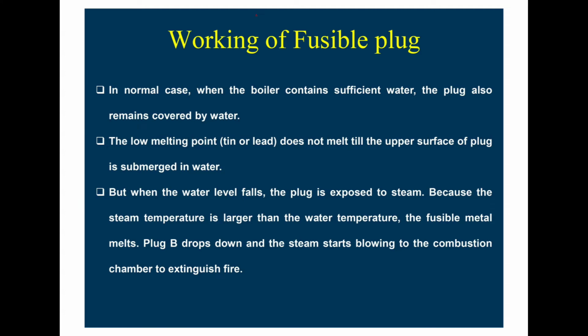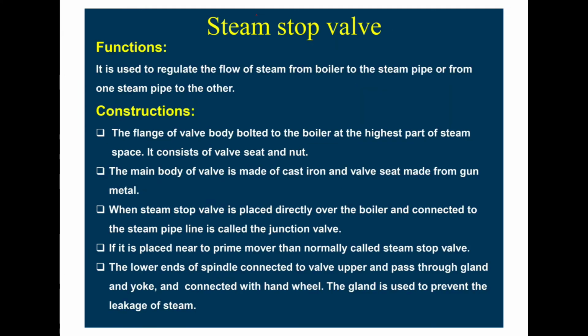But when the water level falls, the block is exposed to steam, because the steam temperature is higher than the water temperature. The fusible metal melts, block B drops down, and the steam starts blowing into the combustion chamber to extinguish the fire.